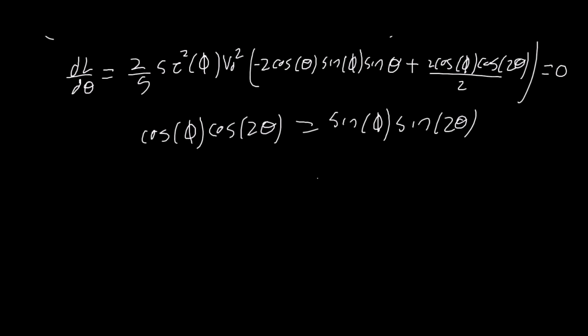So now let's just say that, how are we going to rewrite this? So let's just write this as tangent of theta. So let's just say that tangent of theta has to equal, oh my god.